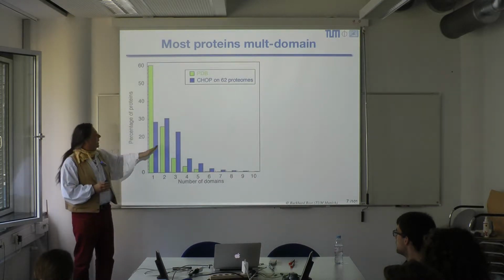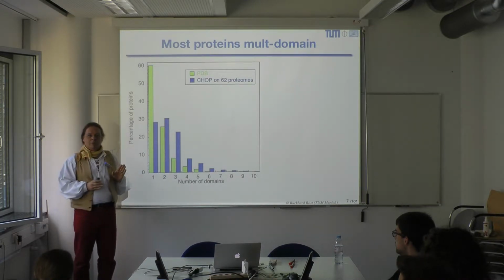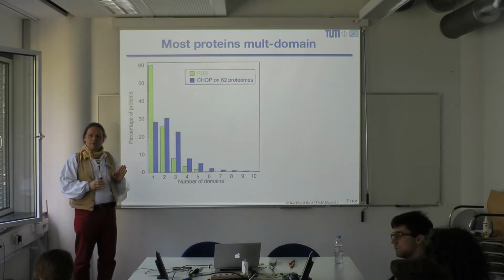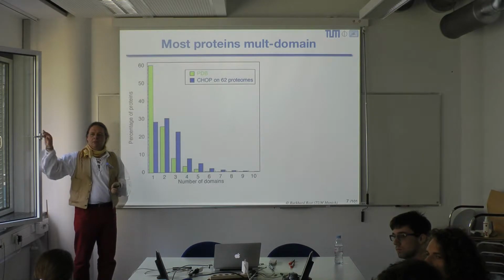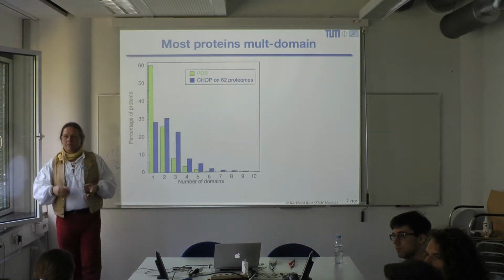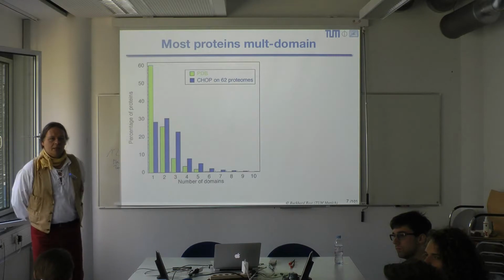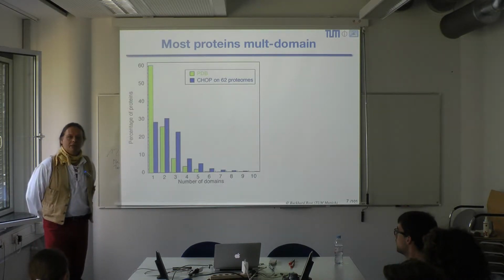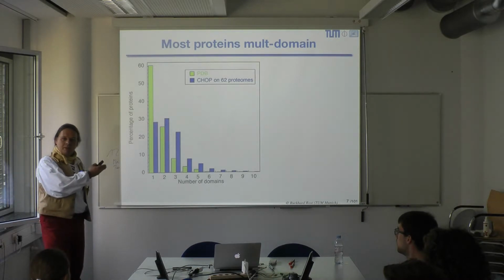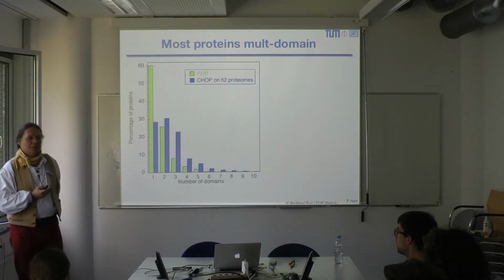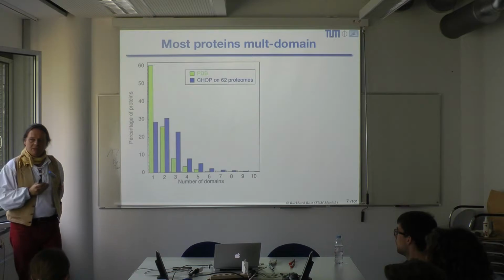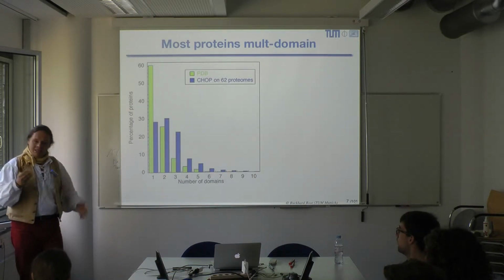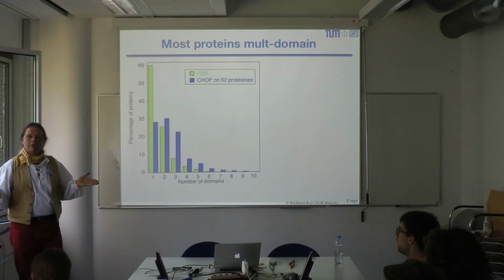Okay? Any clue to why the green is different than the blue? One domain, or PDB, is embraced for small globular proteins. Why? Because there is a crystalline. Exactly. That's totally the bias that you see. And that bias, in fact, has given most people this idea that most proteins are single domain. And there's another bias, in fact, the experimental bias. Proteins with 1 domain, shorter proteins, are also easier to handle in other experiments, not only for crystallography.